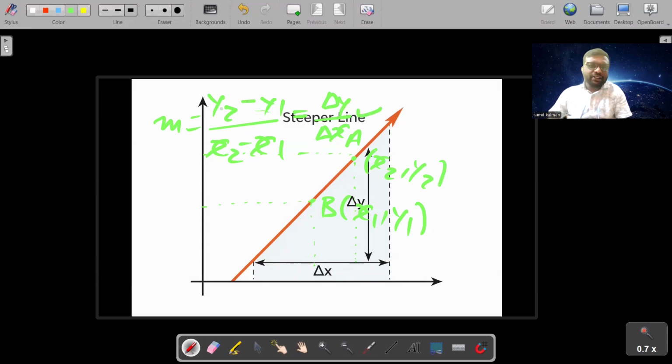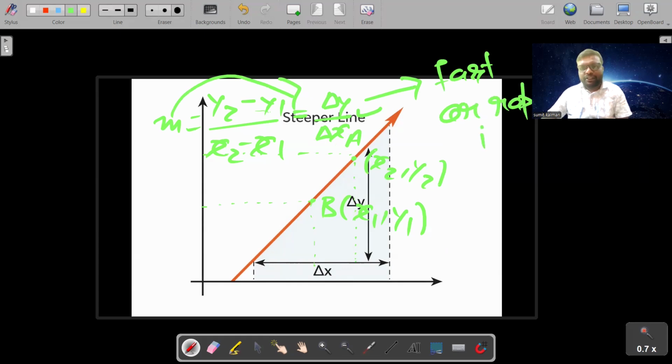So now students, this slope depends on change in y with respect to x. Students, if change in y with respect to x is fast or rapid, if change in y is increasing very rapidly with respect to change in x, then we say that your slope is maximum, and your slope is maximum for a steeper line.